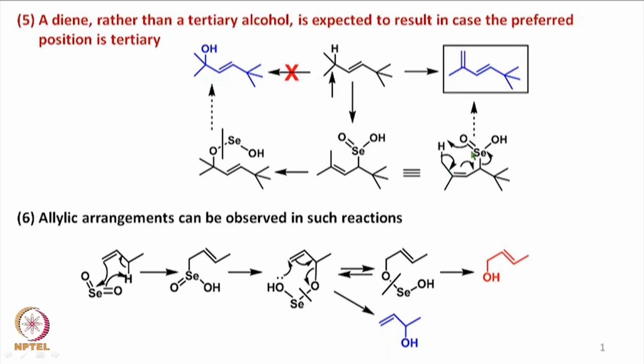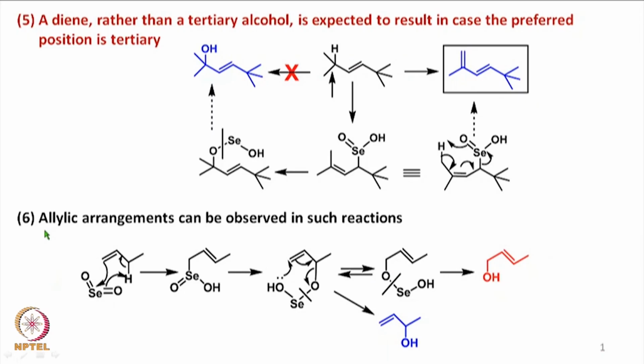Such a rearrangement can occur to form this conjugated diene, and this particular conjugated diene is stable thermodynamically because it is conjugated, and also any activity at the tertiary position of course involves steric hindrance. Therefore, considering both the points, the formation of the conjugated diene is normally observed.